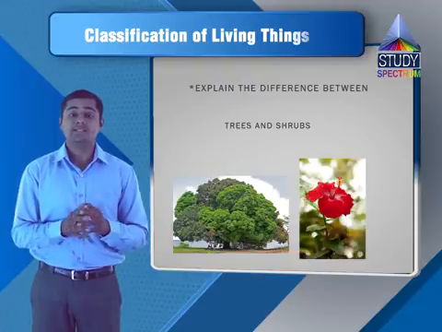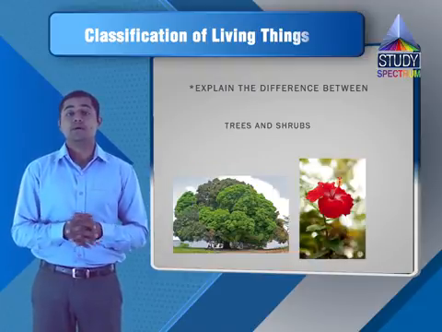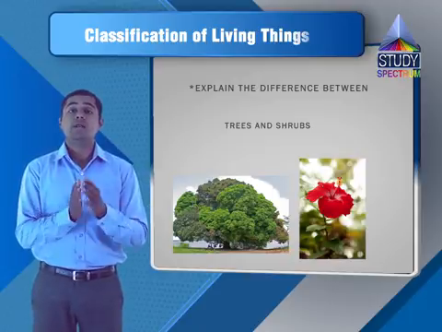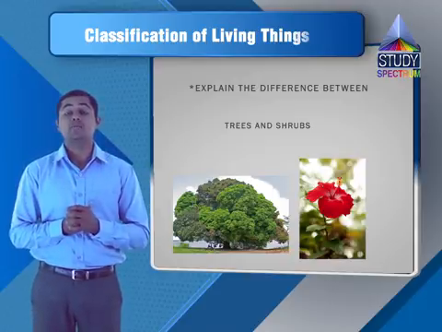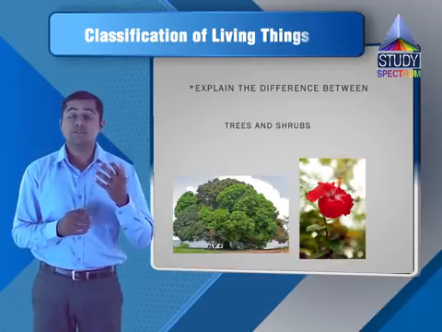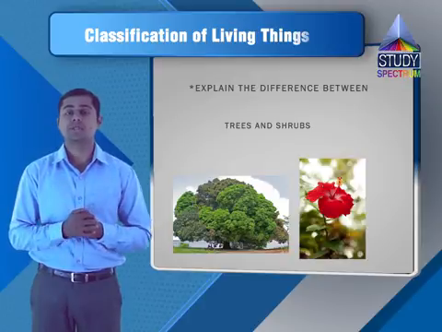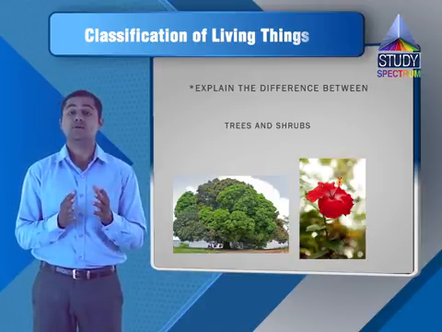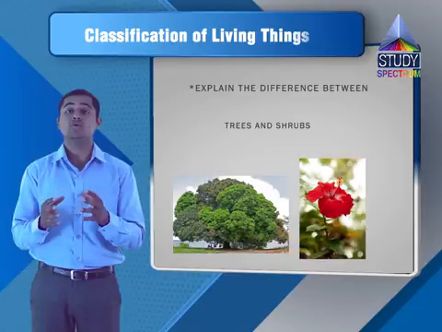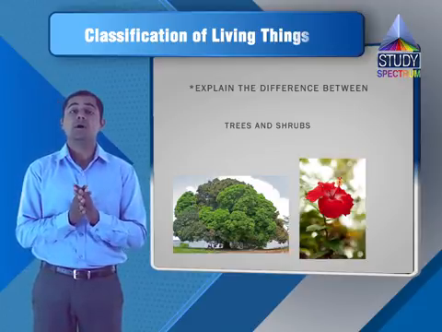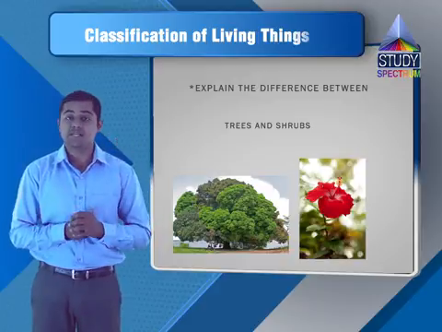Let's go to the next, trees and shrubs. Friends, trees grow very tall. They can be up to 15-20 meters or above also. They have a very hard and strong stem, and they may or may not have branches. A coconut tree doesn't have branches; leaves come directly at the end of the stem.